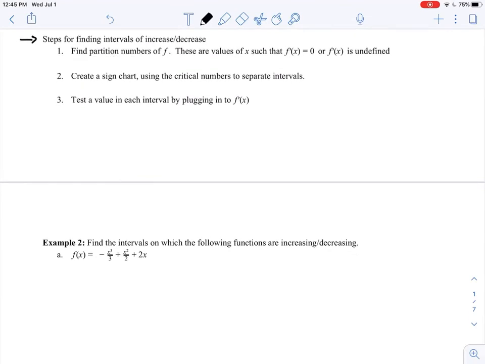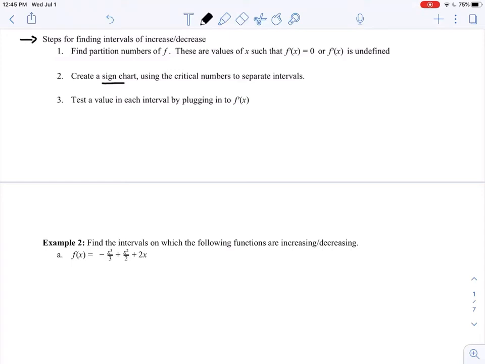These are values of x where the derivative is either 0 or the derivative is undefined. So this is where my derivative might possibly change sign. The derivative can only change sign if it crosses the x-axis, or perhaps if there's some sort of discontinuity there. So I'm going to try to find those points.